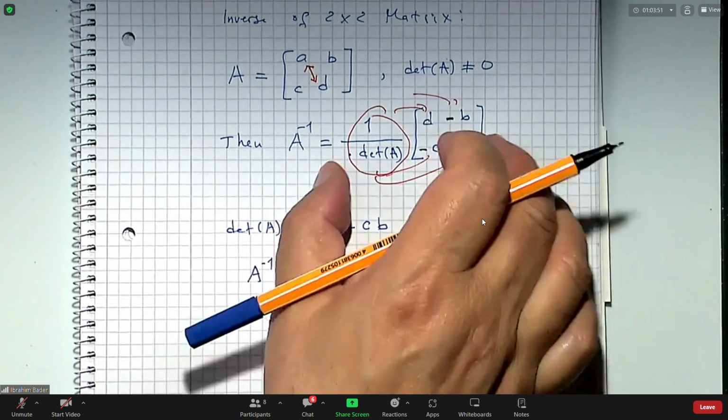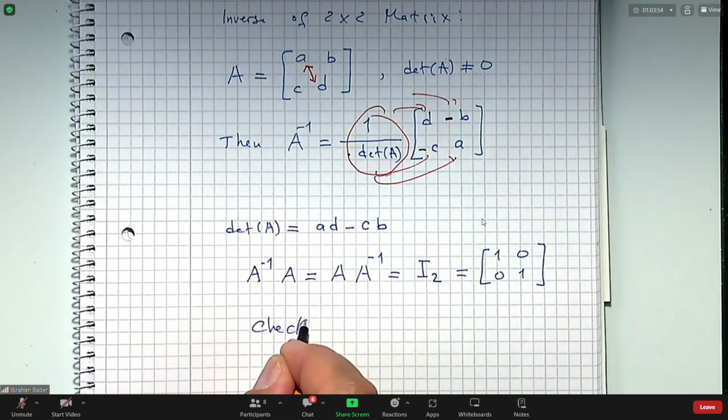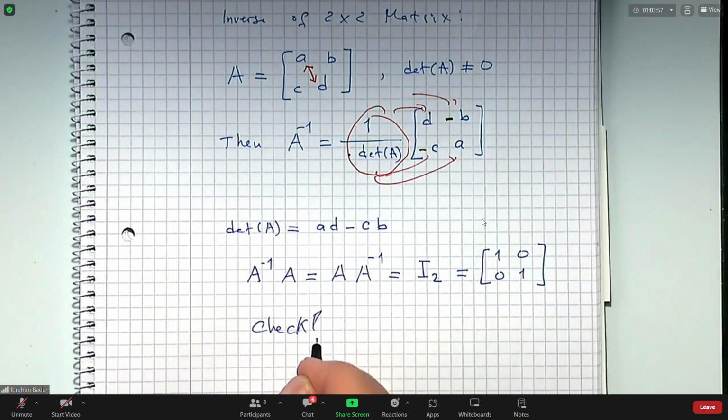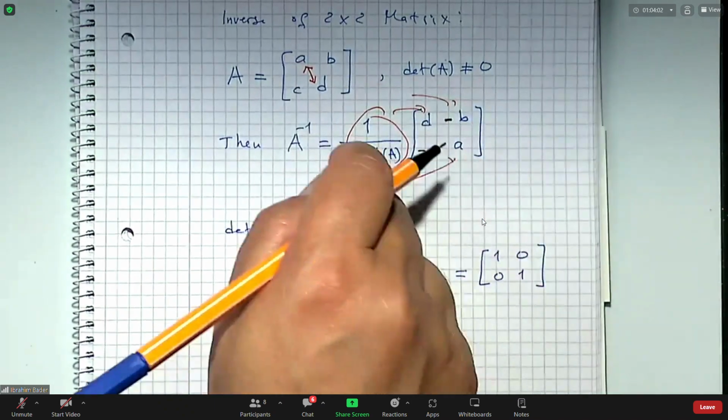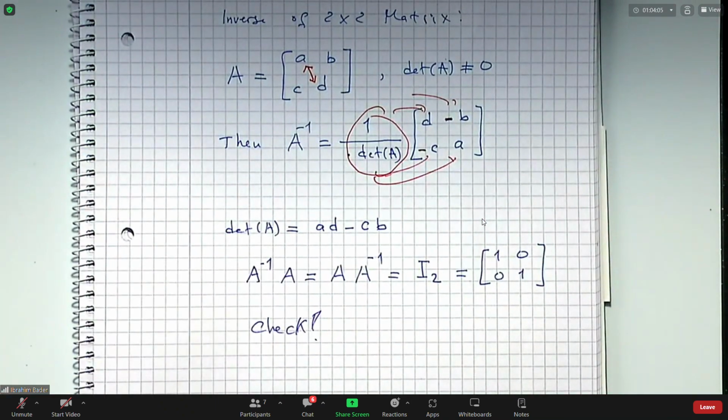As an exercise, check whether this matrix multiplied with this matrix is going to give me the identity. You can do it from the right or from the left. As you see here, it doesn't make any difference because in this particular case it is commutative. However, it's not always that way.